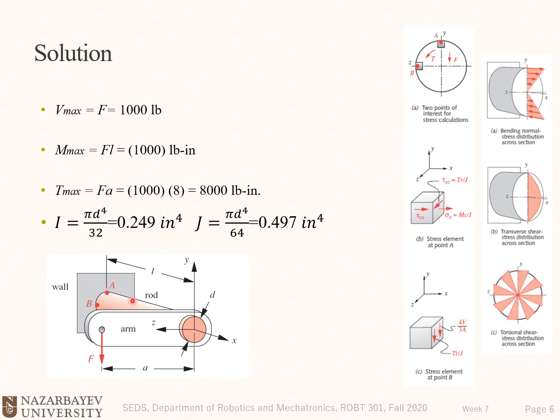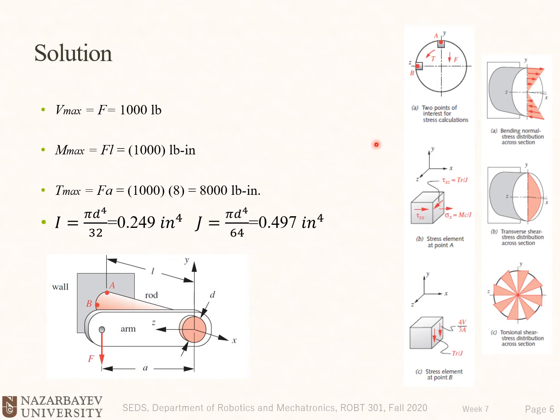So at point A it will be 0 and at point B it will be maximum. And this one shows a shear stress distribution due to torsional torque, okay? And you could see that it is equal at points A and B.